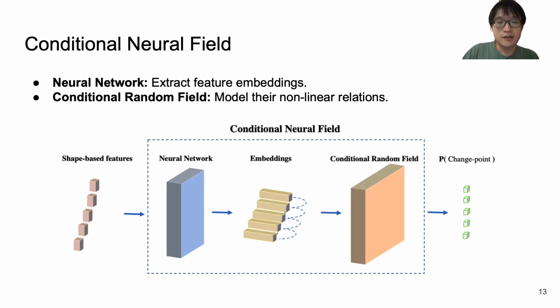The core idea of CNF is taking a set of shape-based features as input, using a neural network module to extract feature embeddings, and using CRF to model their nonlinear relations.